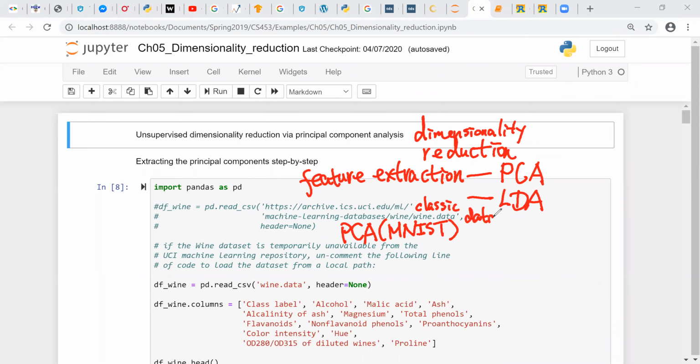MNIST. Who still remembers that? You remember in this unit, the last two classes, we discussed the data set. Do you still remember what the data set is regarding?